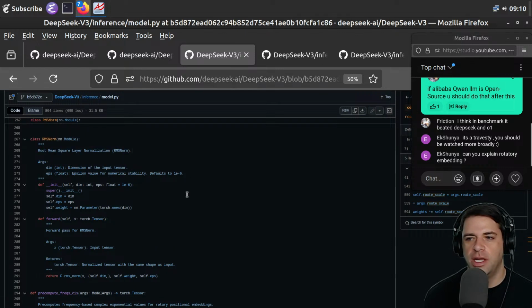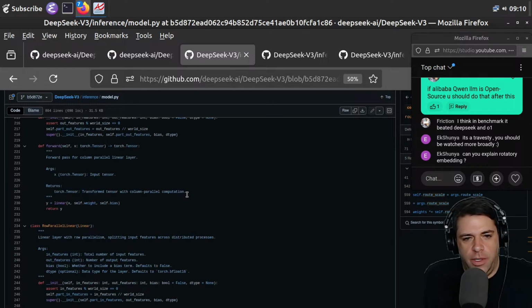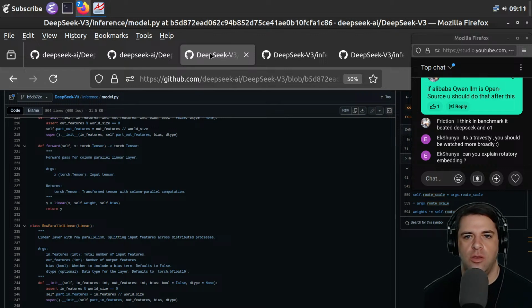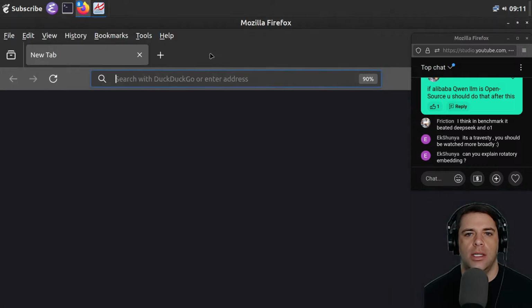Can I explain rotary embedding? I don't understand rotary embedding, but yes, we can try. So my understanding is traditional rotary embedding is you have vectors, then you make them 2 by 2, and you apply like an R2 rotational transformation matrix to them.